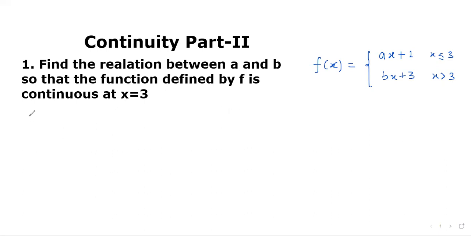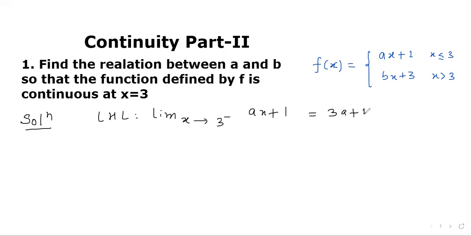So, LHL: limit x tends to 3 minus of ax plus 1. We put the value of x as 3, so we get 3a plus 1.